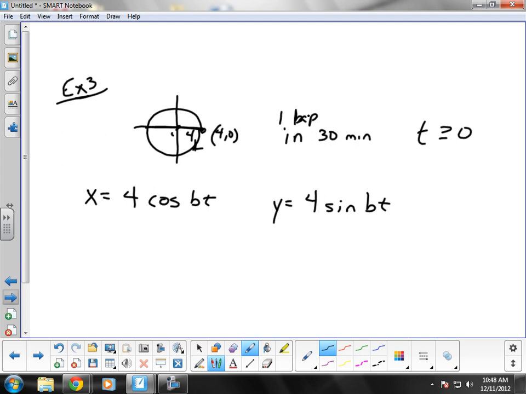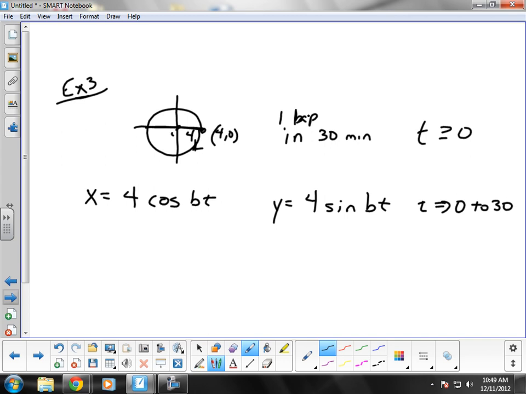Now, what I've got to figure out is what b is. That's what we were talking about a minute ago. This time, they've given me a time. It says it can complete one whole circuit, which is 2 pi, right, in 30 minutes. So if our t is varying from 0 to 30, our time from 0 minutes to 30 minutes, it does a complete circle.